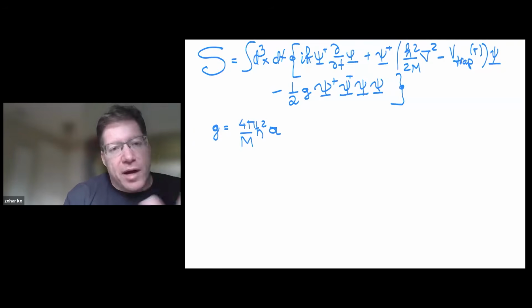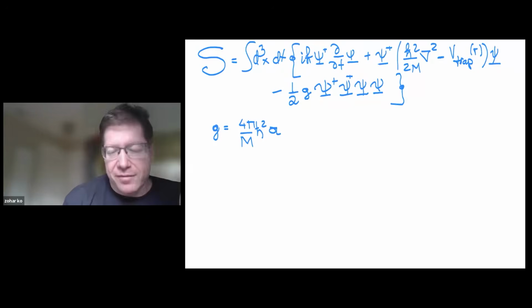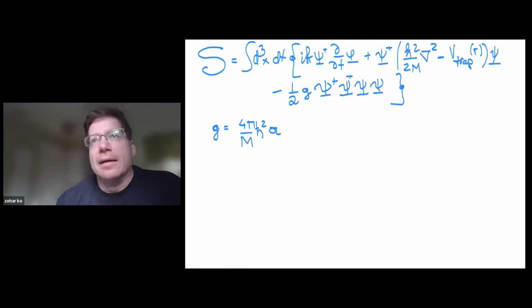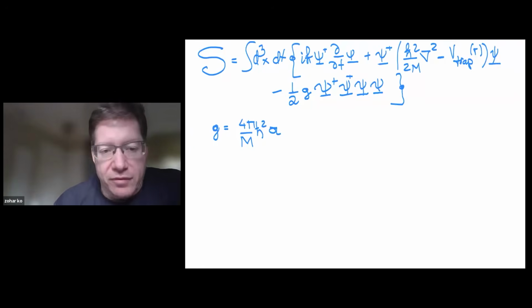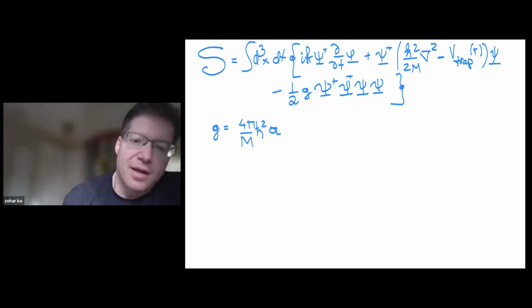That also explains why higher derivatives are irrelevant, because G is already irrelevant. G is the leading irrelevant operator. The ones which have even more derivatives are even more irrelevant. So we're just keeping the leading irrelevant operator in the sense of quantum field theory.